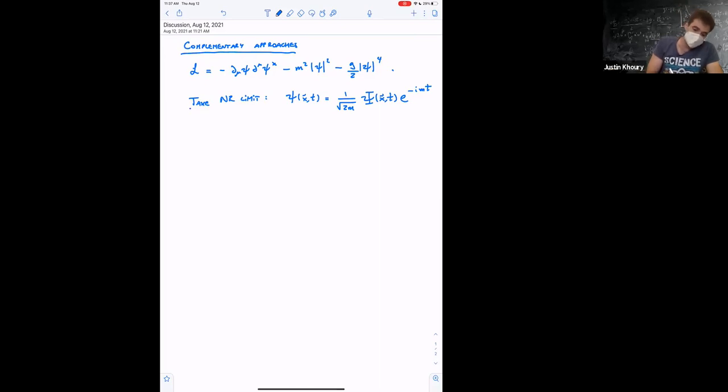So making that substitution into the Lagrangian above, I'll leave that to you as an exercise, but in particular, if you take the time derivative term, you'll find various contributions here, 1 over 2m, and then a piece which involves quadratic time derivatives of capital psi. Then you'll get terms that are linear in time derivatives of capital psi, which comes about by differentiating the phase, like so.